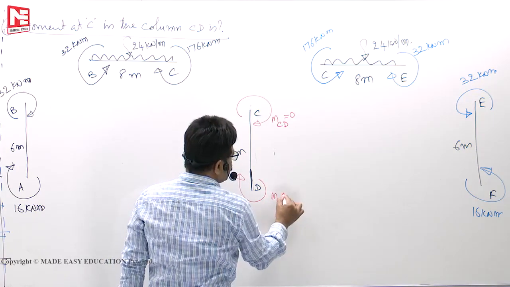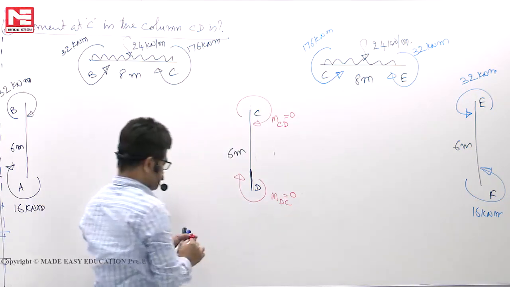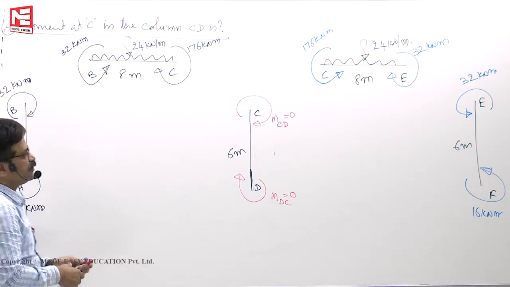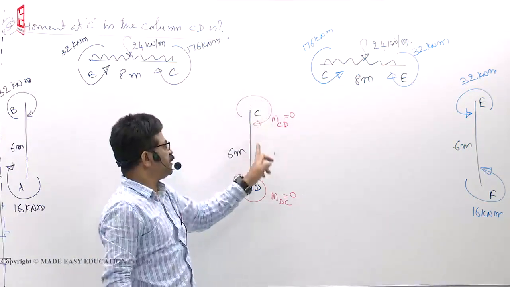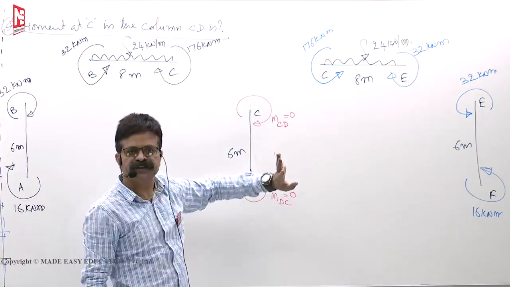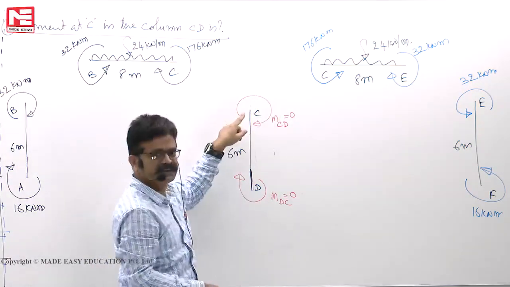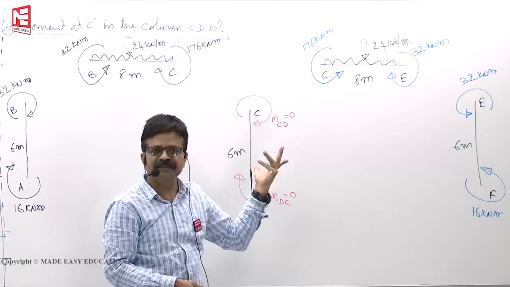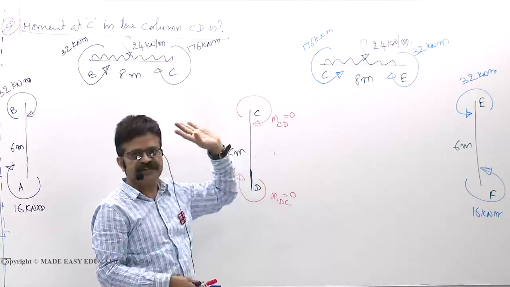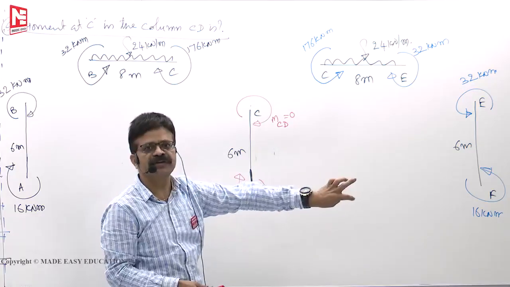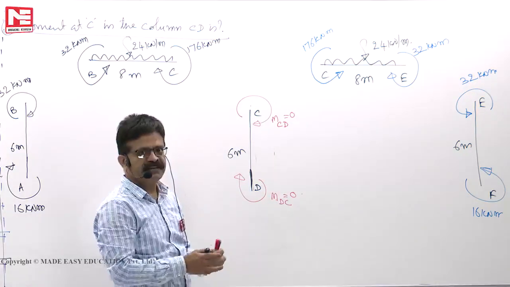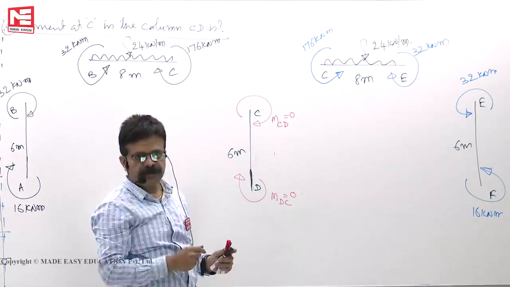Moment at D for the span DC also should be 0. So that's why at the axis of symmetry, columns will not be subjected to any moment. If at all there is any moment, when I fold it, this clockwise, some value is there, how will the symmetry be there? So it has no choice. It has to be 0. Only then can I fold it without having any slope.